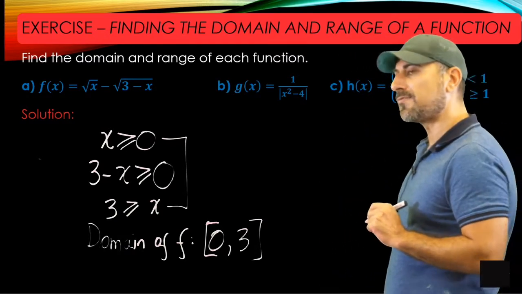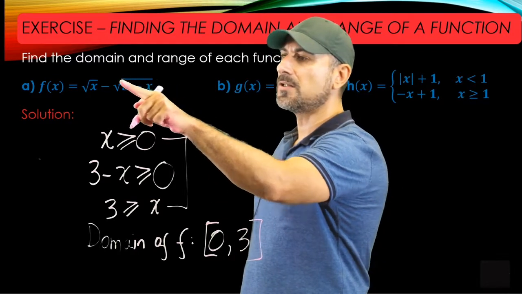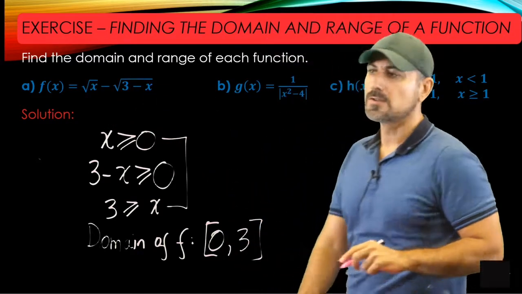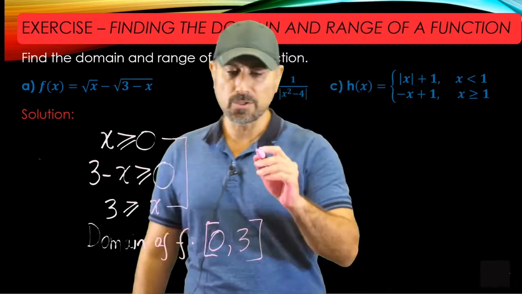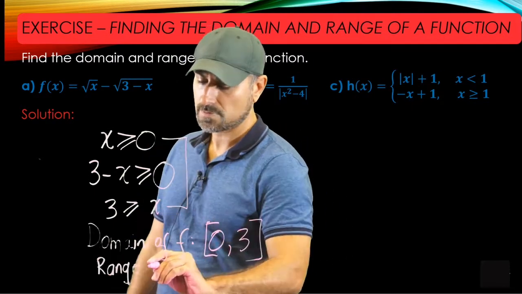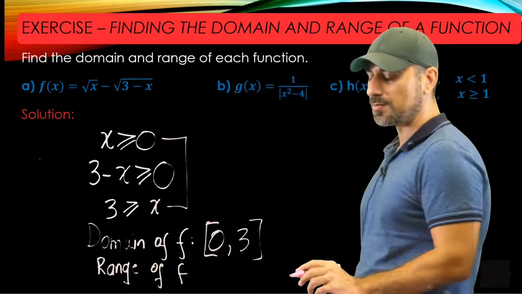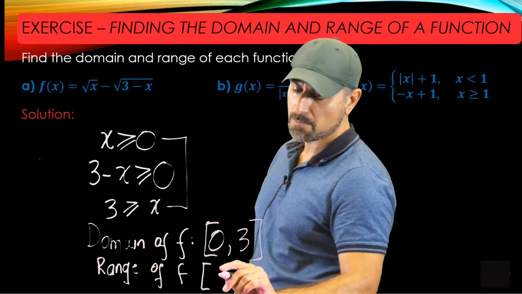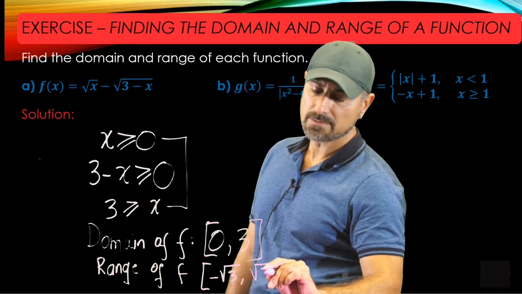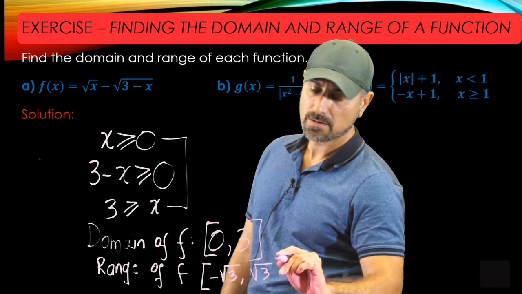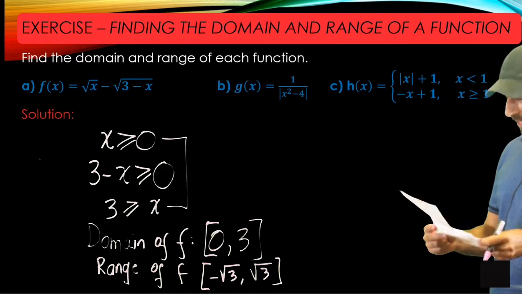When x equals 3, this becomes 0 and this becomes root 3, so we get root 3 in the output. So all the values coming from 0 to 3 would be stuck between negative root 3 and positive root 3. This takes care of part A.